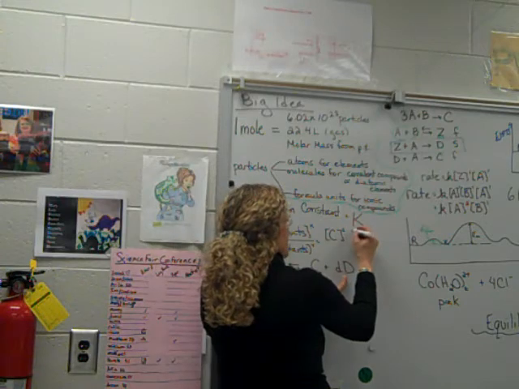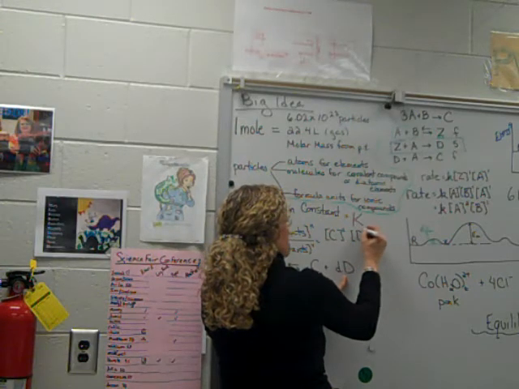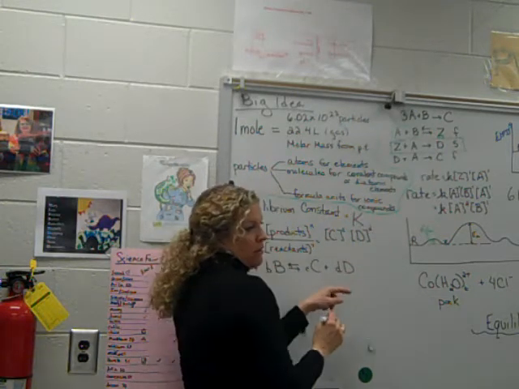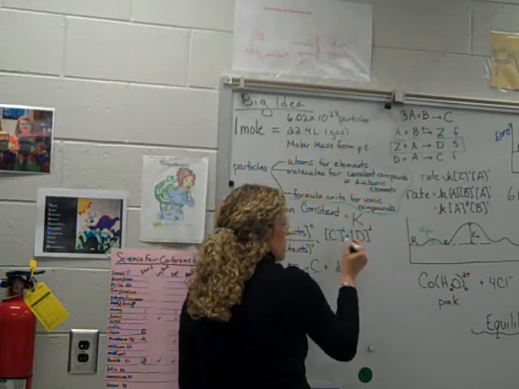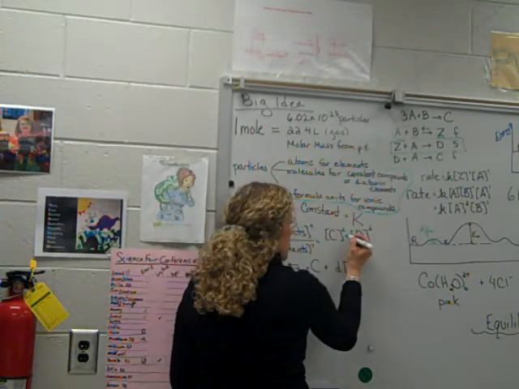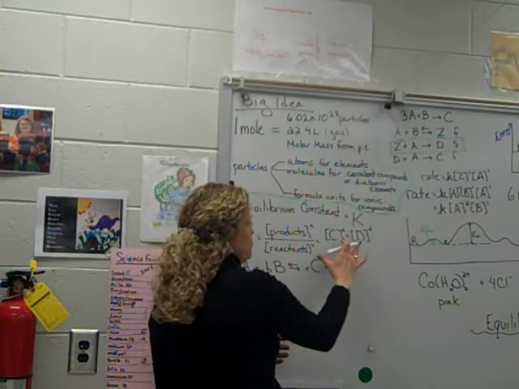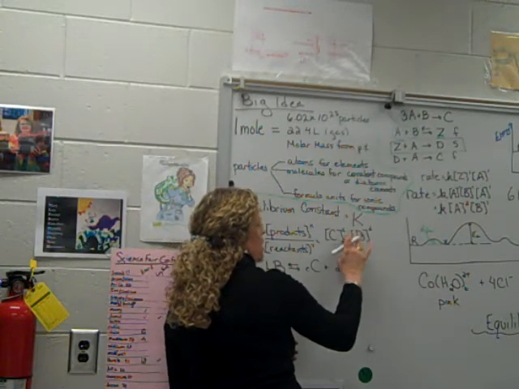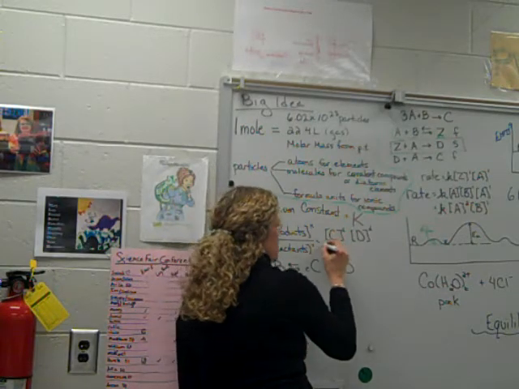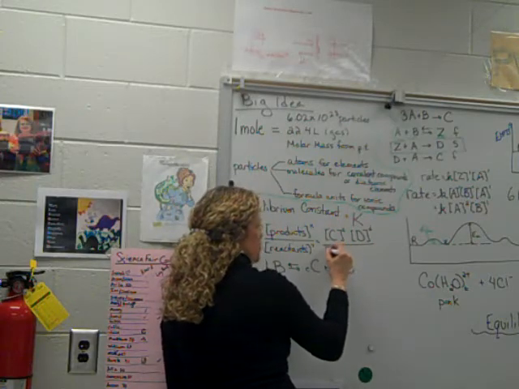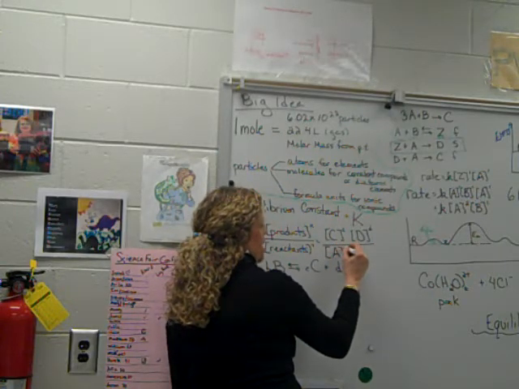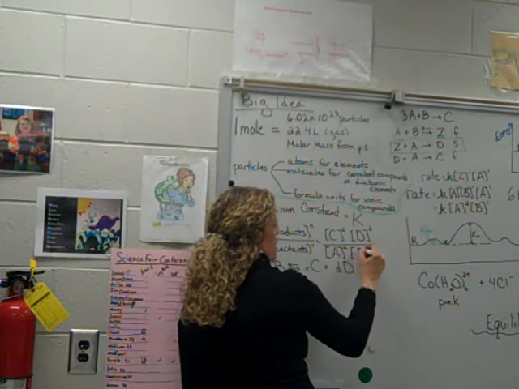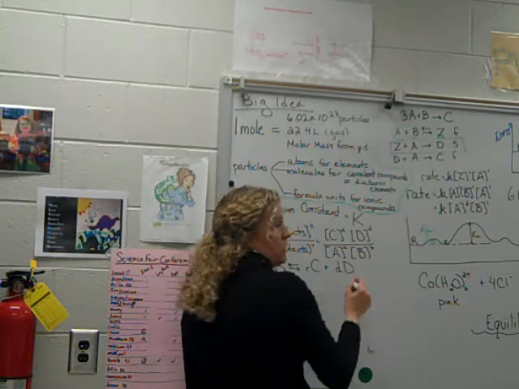The other product is D. We're going to raise it to the d power. And we're multiplying those. We don't usually write the multiplication sign, but just know if there's no kind of punctuation there, it is a times. It's like putting two parentheses together. You put this over the reactants, A to the a, B to the b. Is everybody with me? Yes.